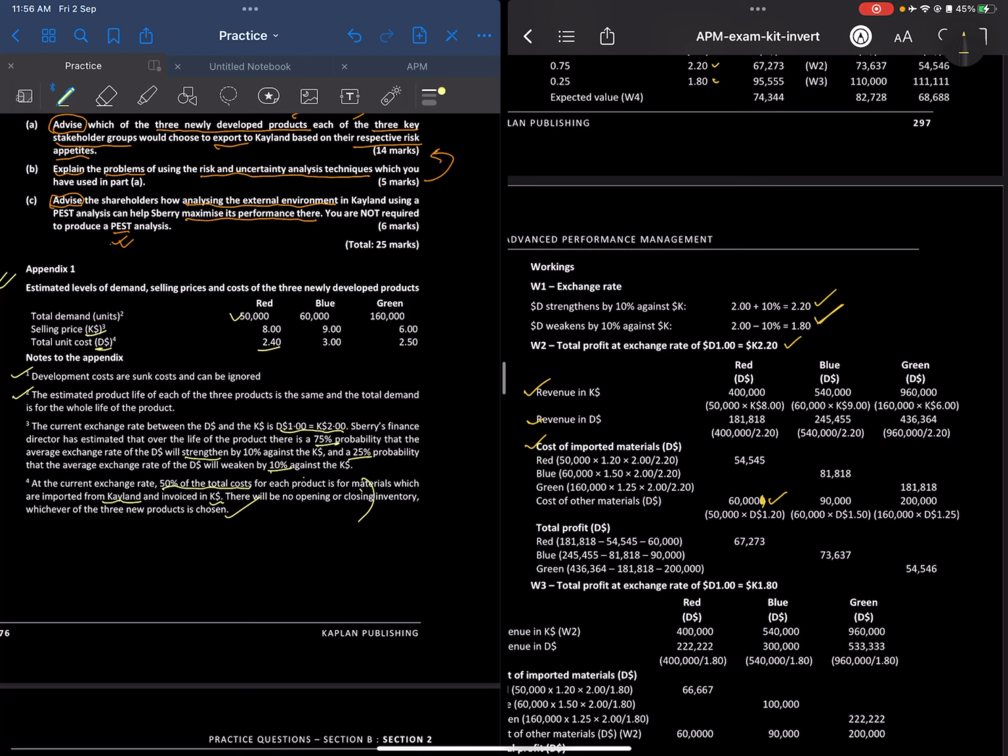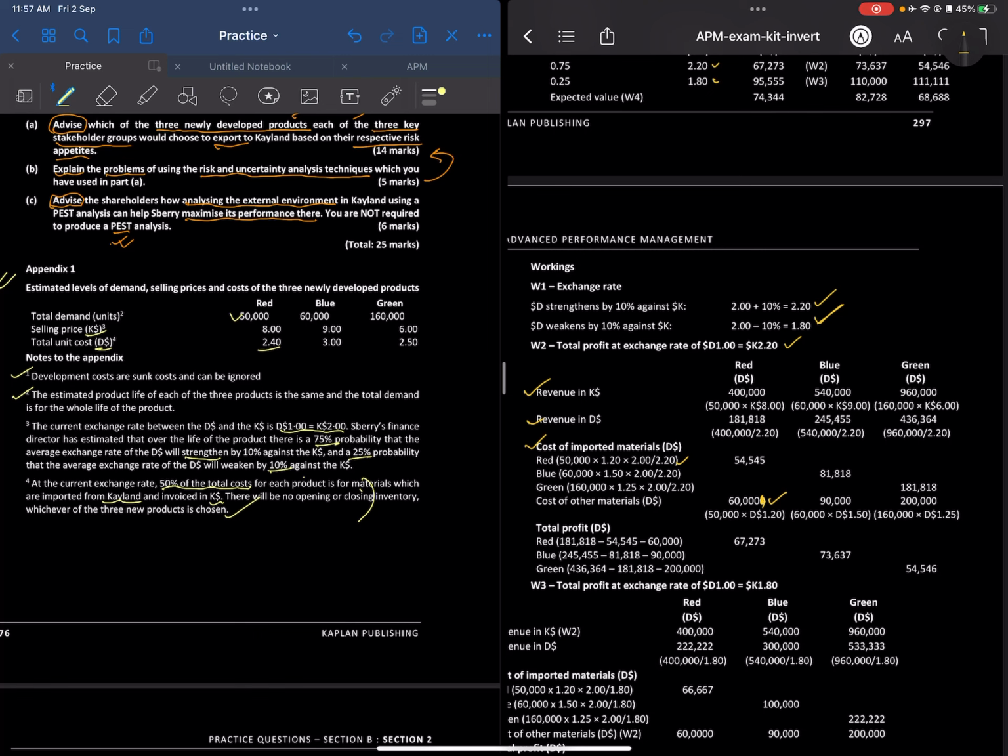It's costing us 2.2. Before, when it was $2, it would have been 60,000 times 2 by 2. It would have been 60,000 exactly.